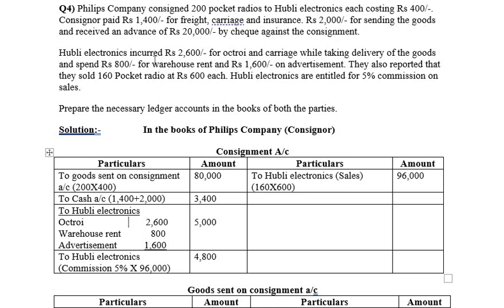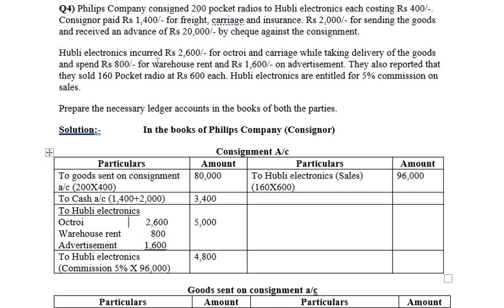Hubli Electronics incurred rupees 2,600 for octroi and carriage while taking delivery of the goods and spent rupees 800 for warehouse rent and 1,600 on advertisement. I'll repeat this once again.